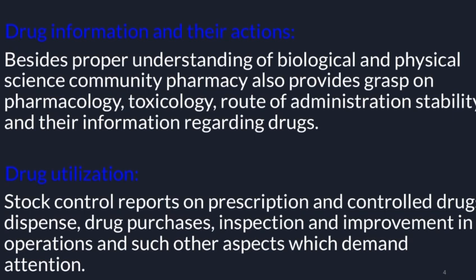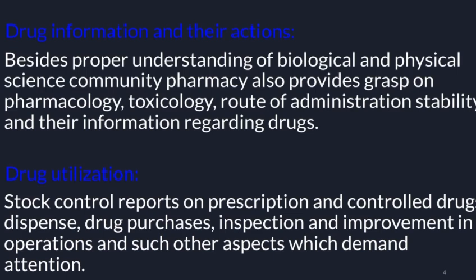First is drug information and their actions. The community pharmacist must be aware of the pharmacology, toxicology, route of administration, stability, and all the information about the drug. For example, while taking amlodipine, he must know what the amlodipine tablet is used for: hypertension. So he must know about the use.